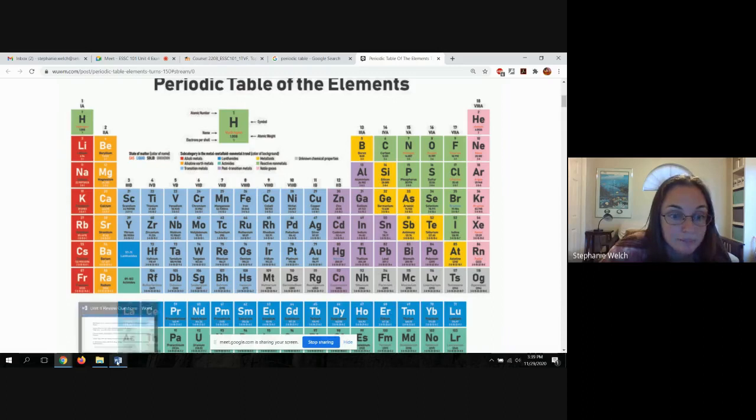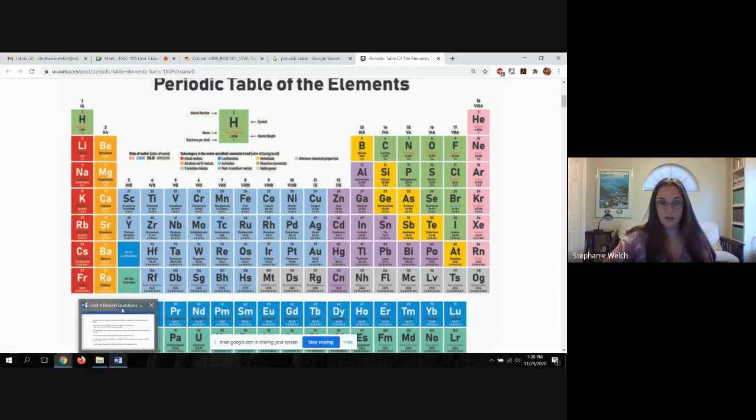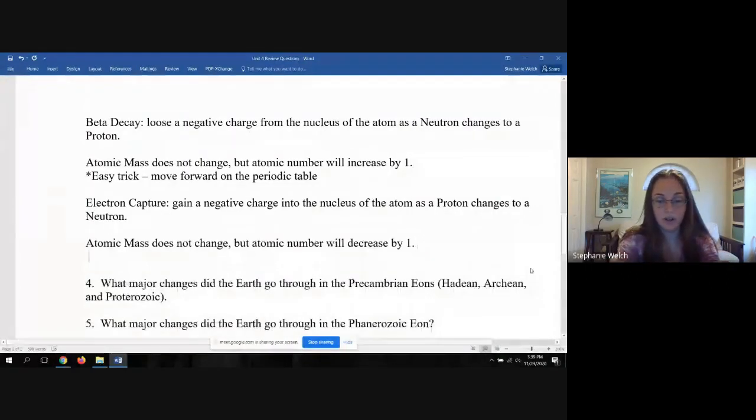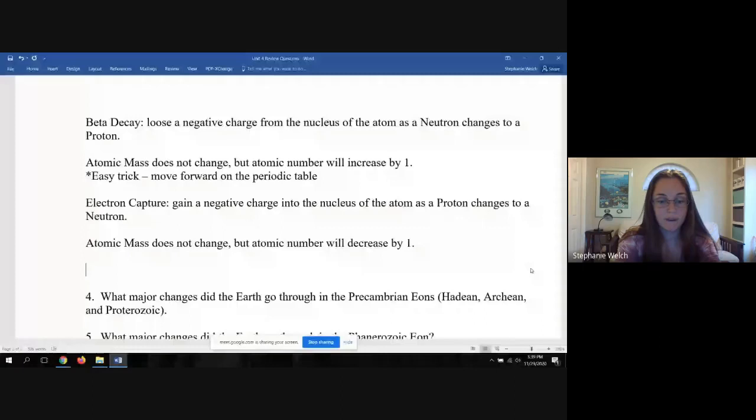So the question that I'm going to give you off the exam, that I was alluding to earlier, goes as follows. What type of radioactive decay occurs when rubidium-65 decays into strontium-65?